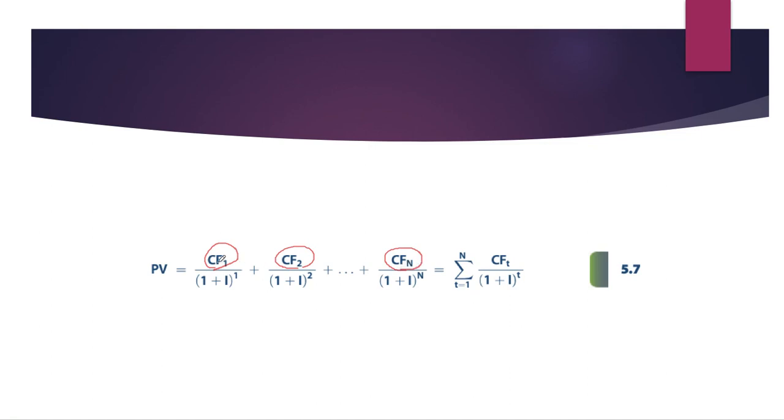So we just calculate the present value of each cash payment that is given with respect to these years or n number of periods. And as you see, we discount 1 period, 2 periods, and n number of periods for the payment that we receive at last.